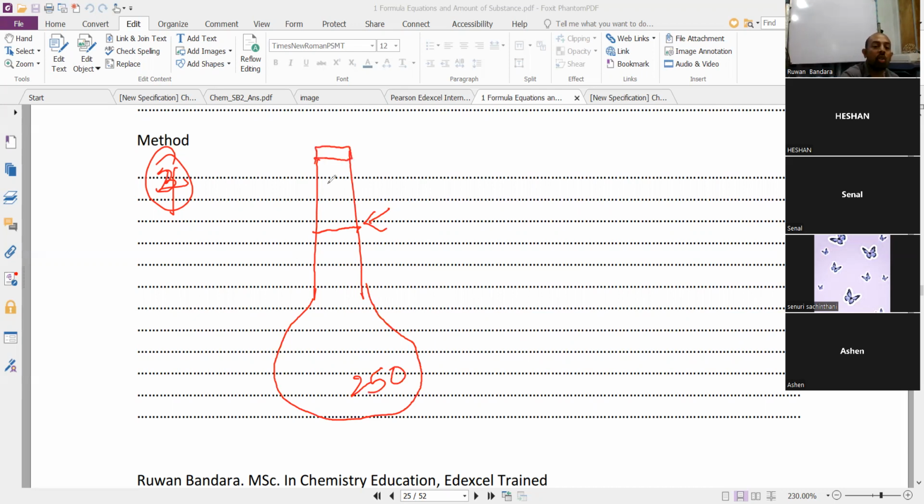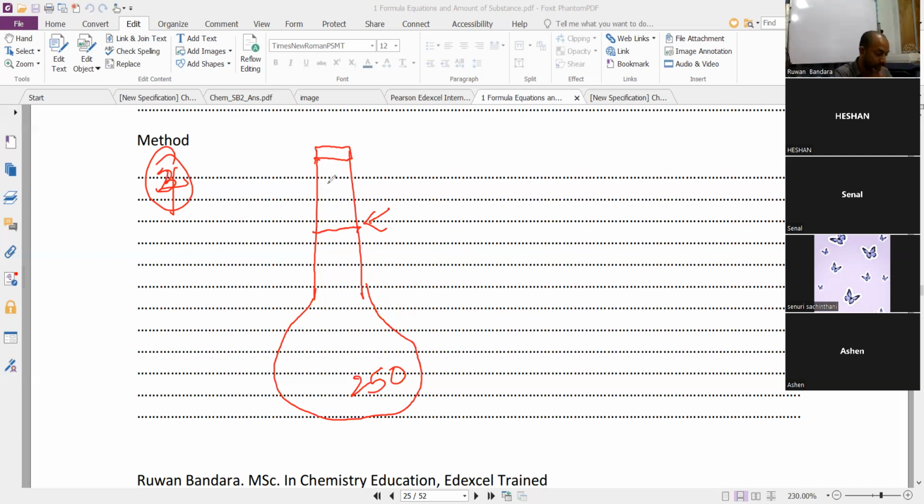Then how do we mix this? Stopper the flask. Gently mix it, gently shake it. Stopper the flask. Then it says invert and mix.